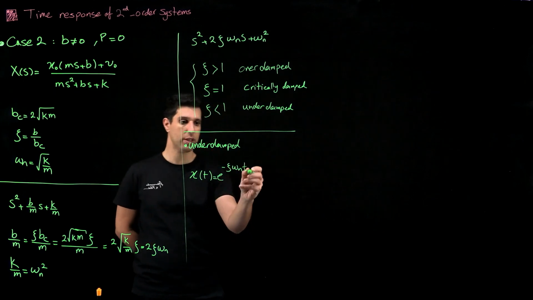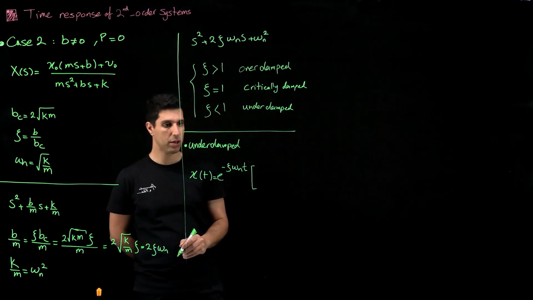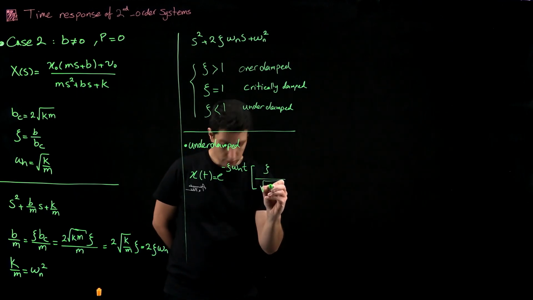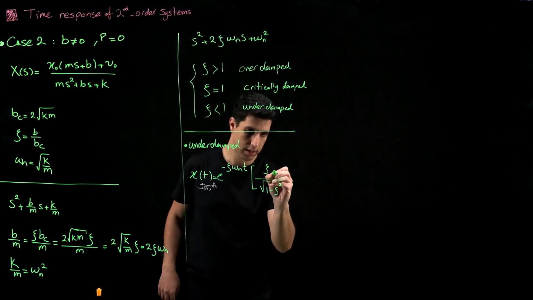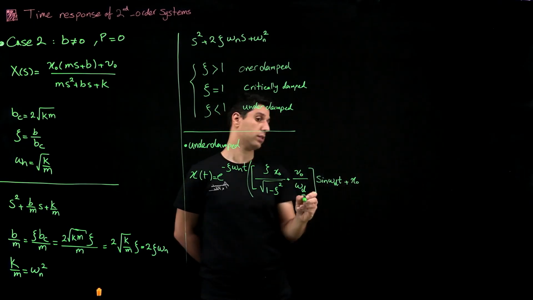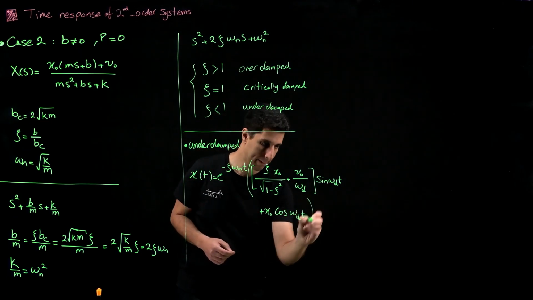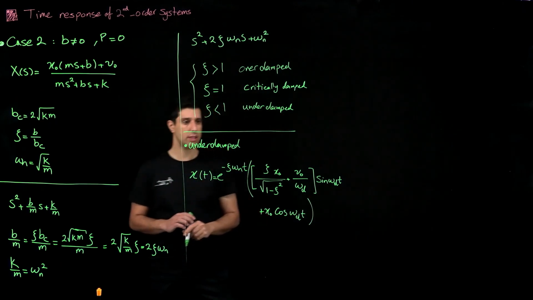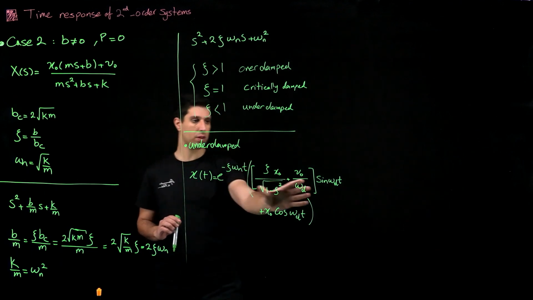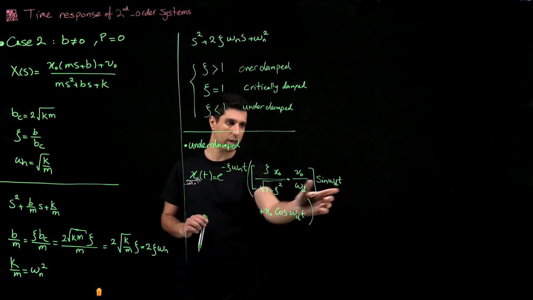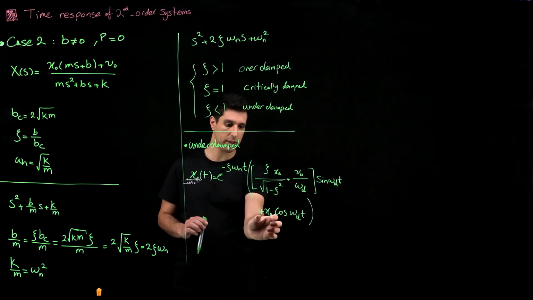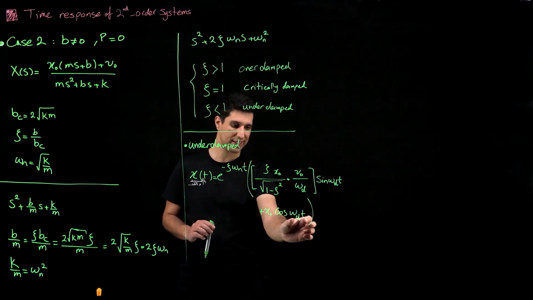This is my exponential decay term that must be multiplied by an oscillating function. So it's an exponential decay multiplied by a sum of a sine of something times t plus another thing times cosine of the same thing times t.